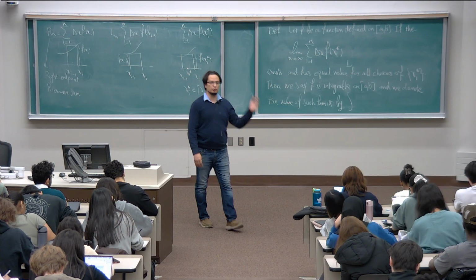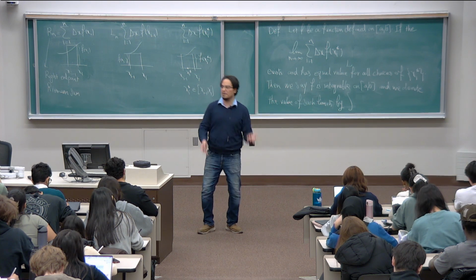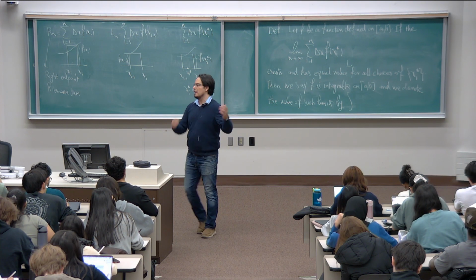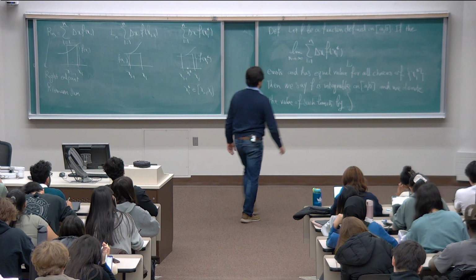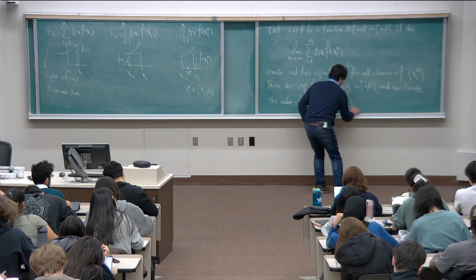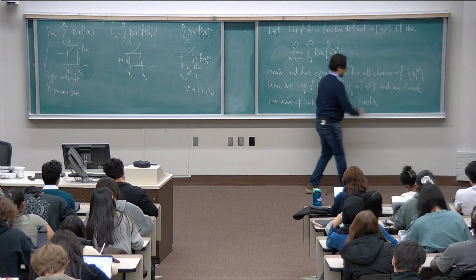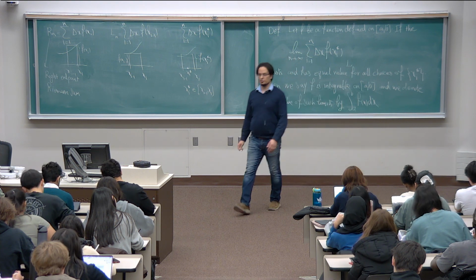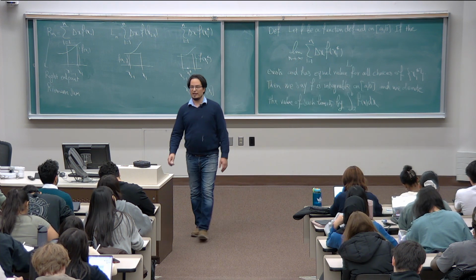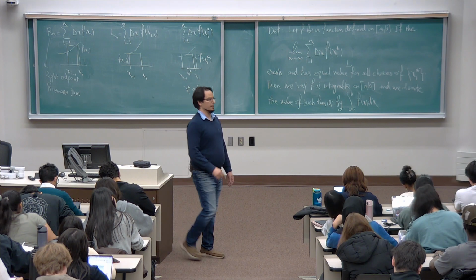I don't want to write each time limit of sigma of delta x f of xi star. I want to use a clear, nice integral, f(x) dx from a to b.